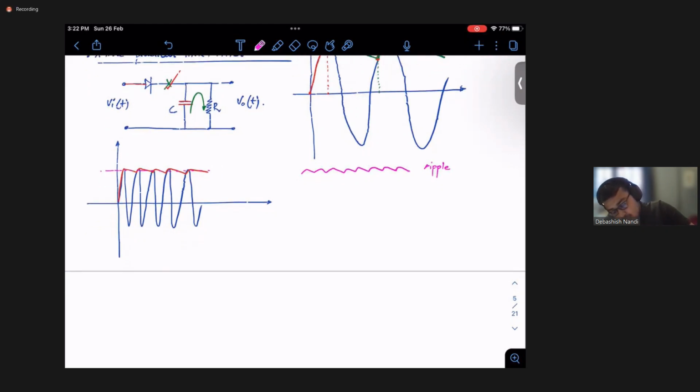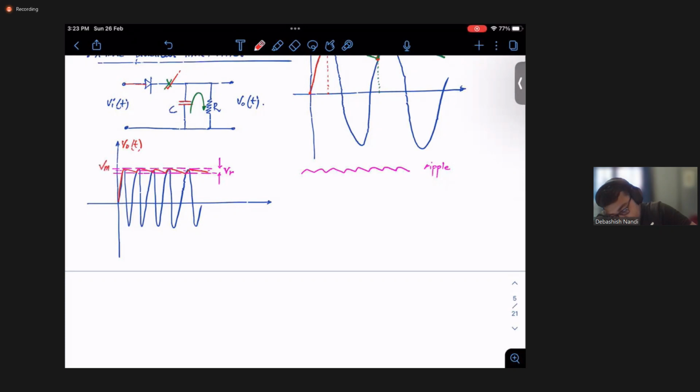So what is happening in this case? This is your Vm, right? And this is the lower limit of your ripple voltage. Let's say this peak to peak ripple voltage is Vr. This is your V out.